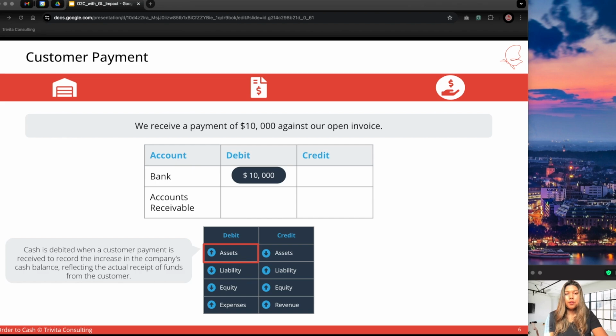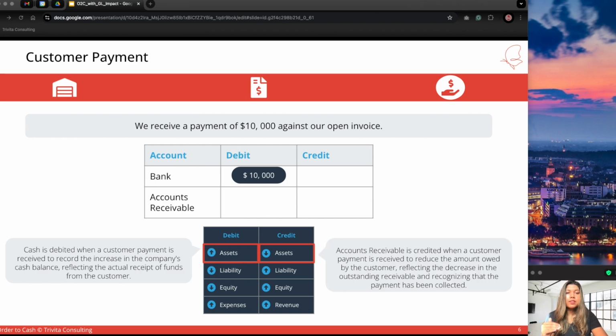And on the other hand, since we are reducing the amount owed by the customer, our AR account would get credited. This step completes the transaction in the financial records, ensuring that the accounts accurately reflect the payment received and updates the customer balance.